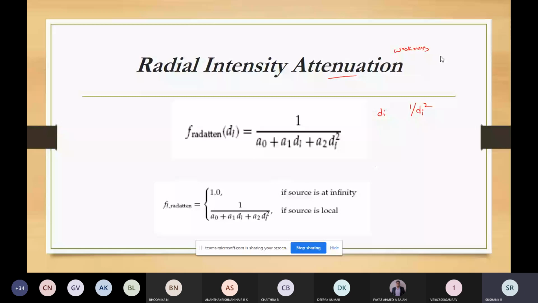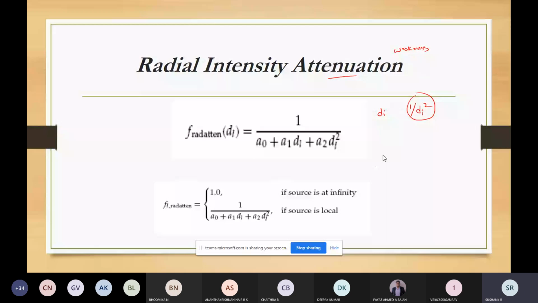Meaning that if you're closer to the light, you will receive higher intensity of light compared to when you are standing farther away. So if you want to produce very good lighting effects, you should take this intensity into consideration.